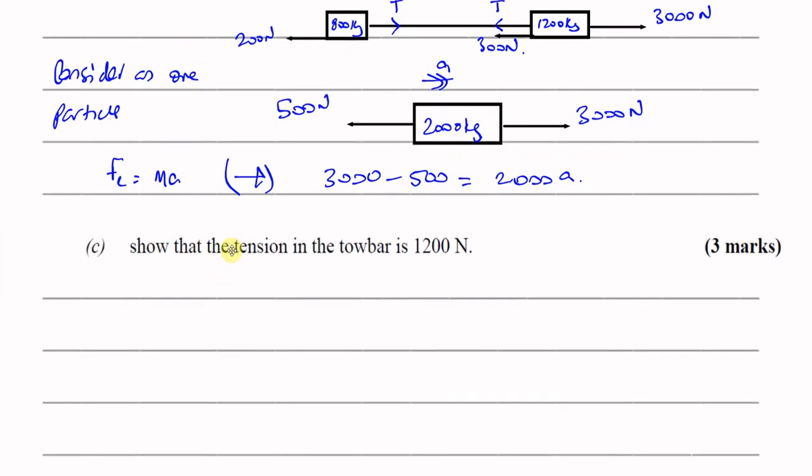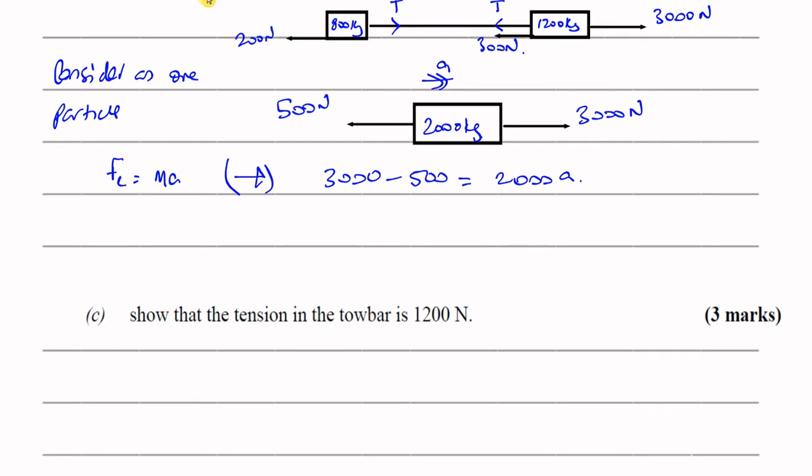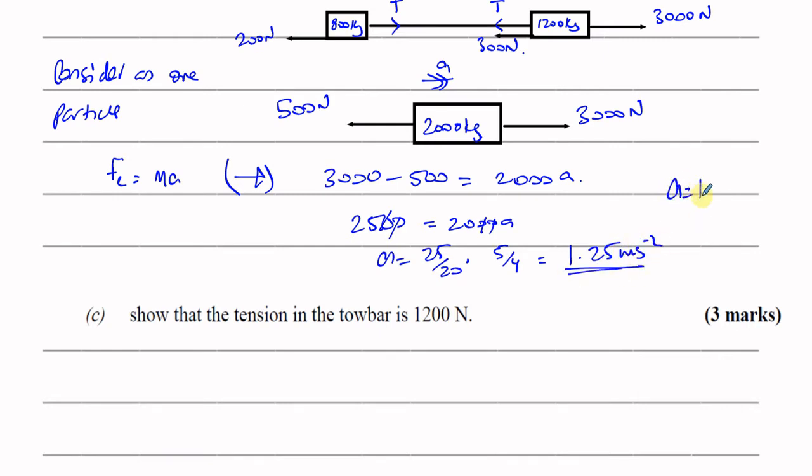So 3,000 minus 500 is 2,500 equals 2,000 A. Cancel out two of the zeros. So I have A equals 25 over 20, which is 5 over 4, which is 1.25 meters per second squared. So that's the acceleration of the whole system. 1.25 meters per second squared.